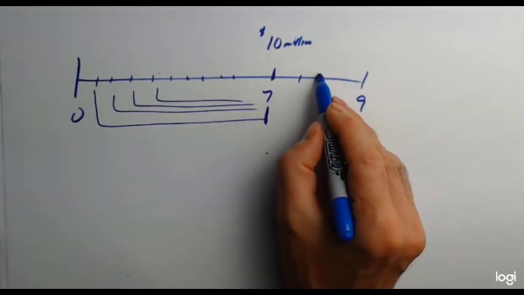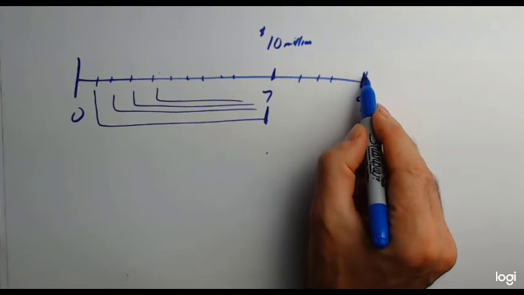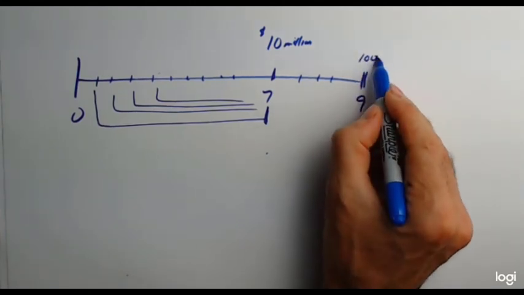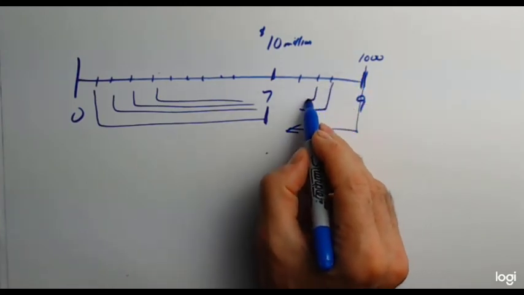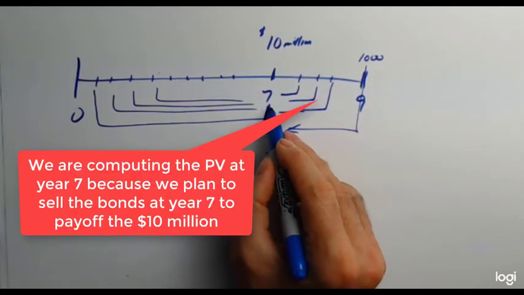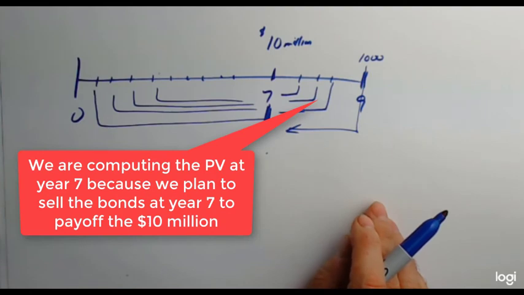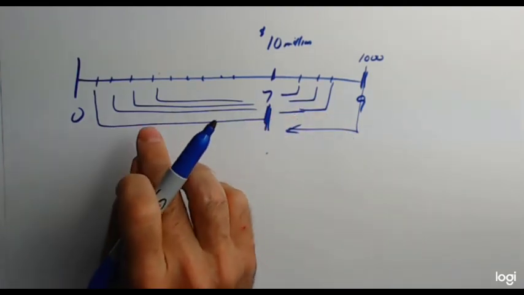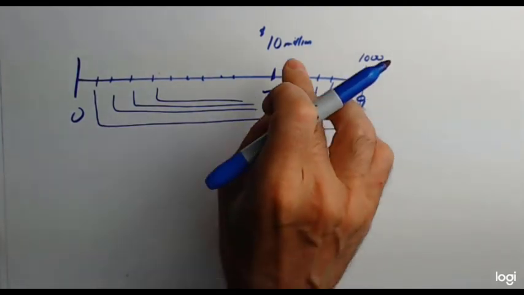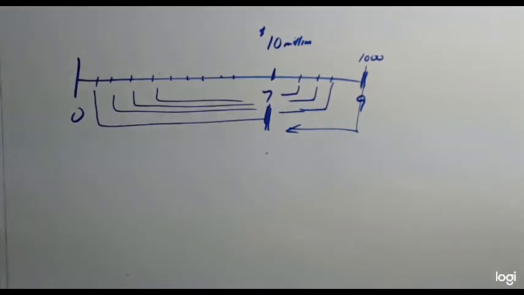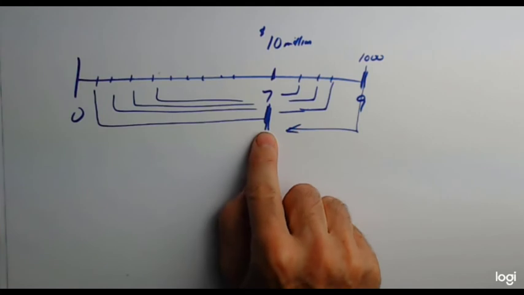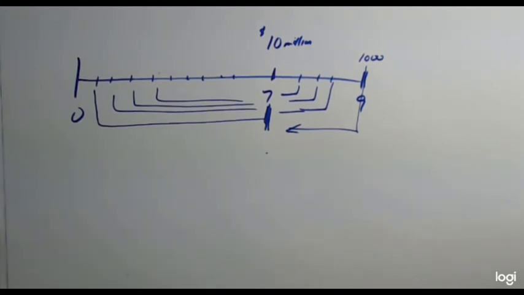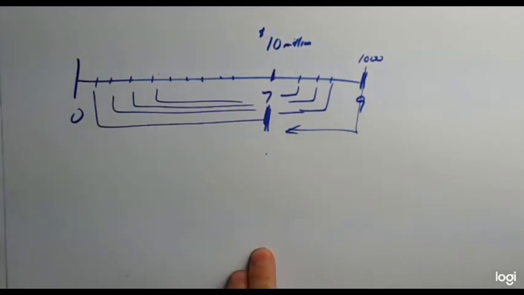And then we're going to take the cash flows from here, the $1,000 face for the bond, and discount each one of these cash flows back to year 7. And what we hope is, if we have the right number of bonds, we'll have $10 million right here at this point. That'll be interest rate risk free, so to speak. Let's do the math.